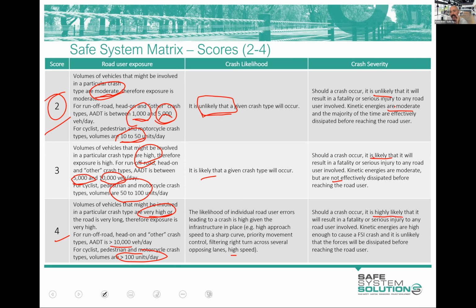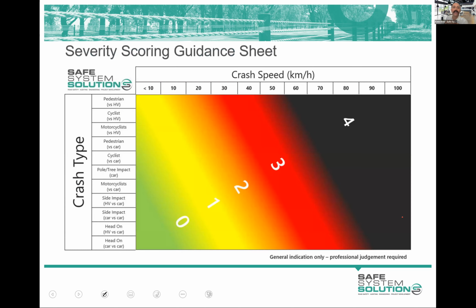Okay, so this one, we've got a little bit more science and evidence behind it. This is where you'll be referring back to this scoring guidance severity sheet that we produced to try to help people get more consistency across industry. You can see here we've got these different crash types that you're imagining and predicting, and then we've got the speed that's happening.